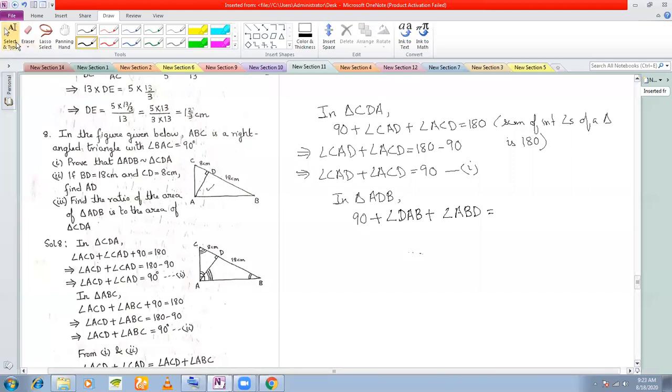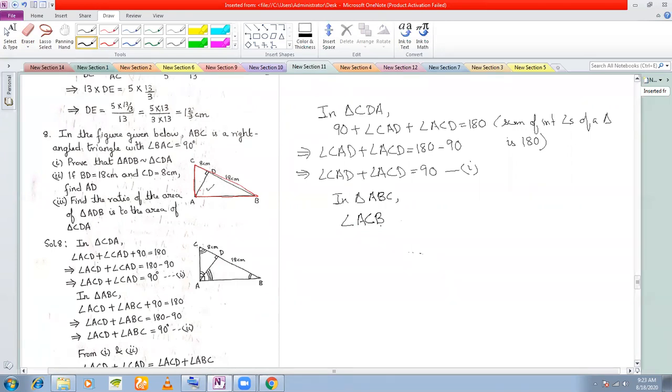Or let us consider, we don't consider triangle ADB, we consider the larger triangle. The largest triangle, we consider this triangle. So what you do is triangle ABC, you write in triangle ABC, angle ACB.